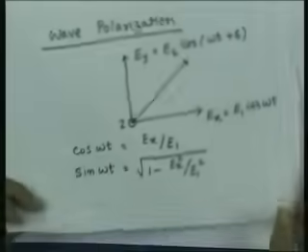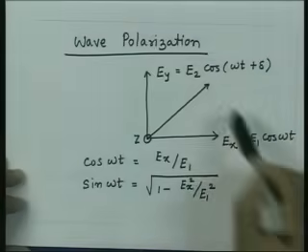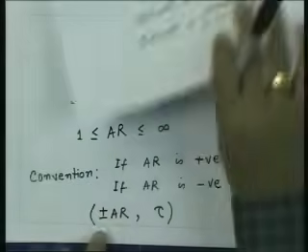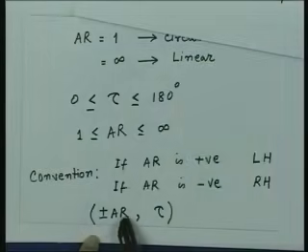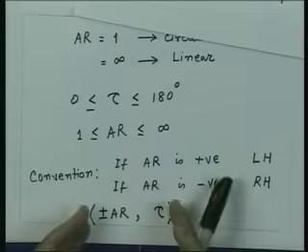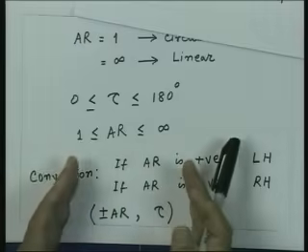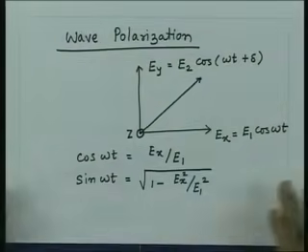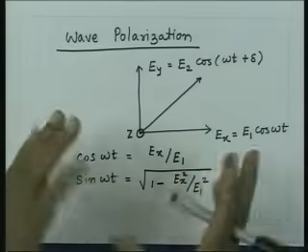So, now I have two pairs, one is the ratio of these two amplitudes and the phase difference, and the sine value of axial ratio and the tilt angle of the ellipse. We can call these parameters the wave parameters and these parameters the electrical parameters, because they are defining the amplitudes and the phase difference between the two electric fields.